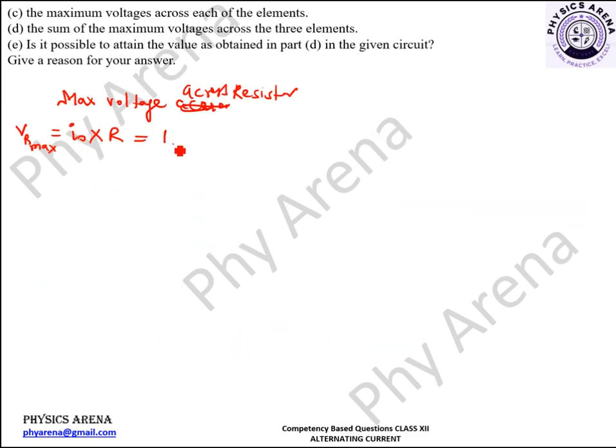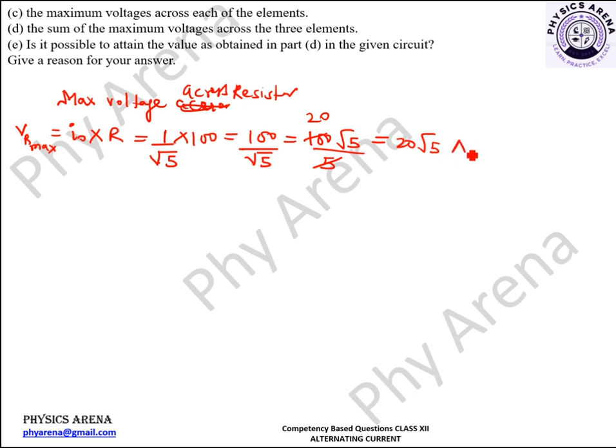So we write 1 upon under root 5 multiplied by 100, because 100 is the resistance. It will be 100 upon under root 5, and rationalizing by multiplying and dividing by under root 5, that is 100 under root 5 divided by 5. So the final value will be 20 under root 5 volt. This is the maximum voltage across the resistor.